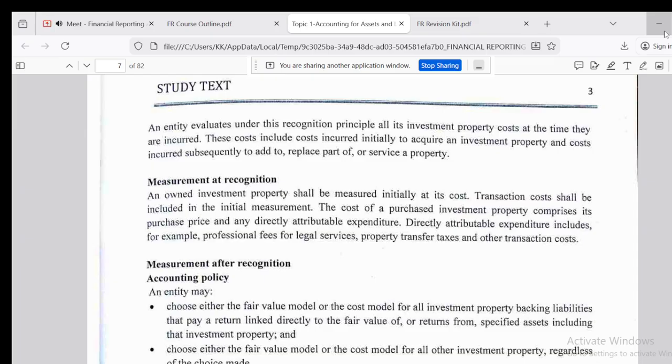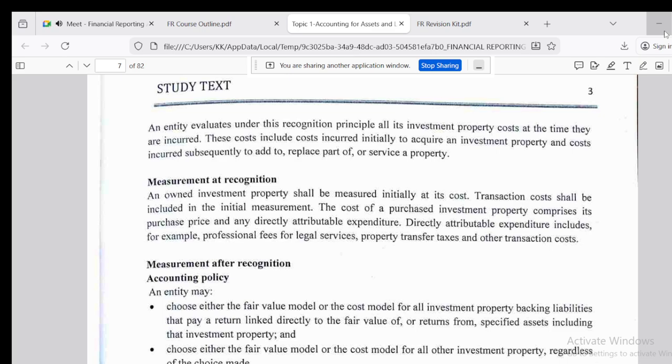Then again, we continued and said that the cost of a purchased investment property comprises its purchase price and any directly attributable expenditure. And directly attributable expenditure includes professional fees for legal services. Then we have the property transfer taxes and transaction costs.